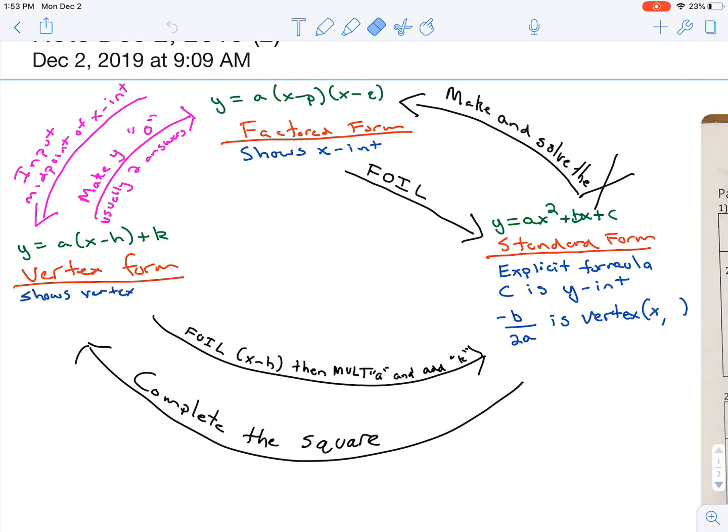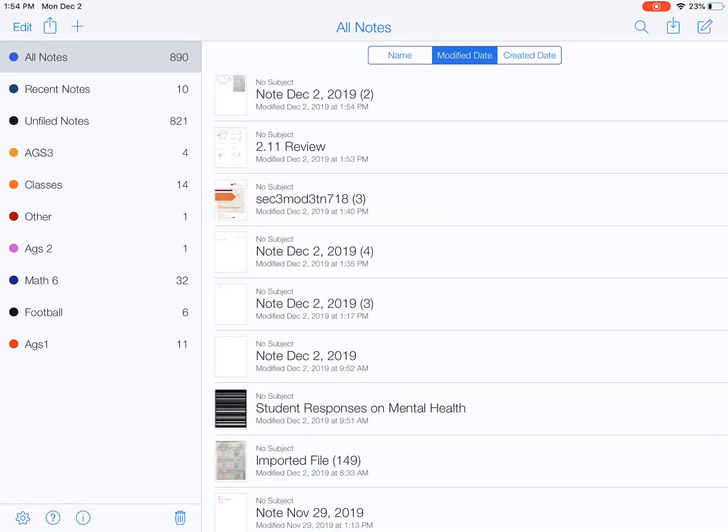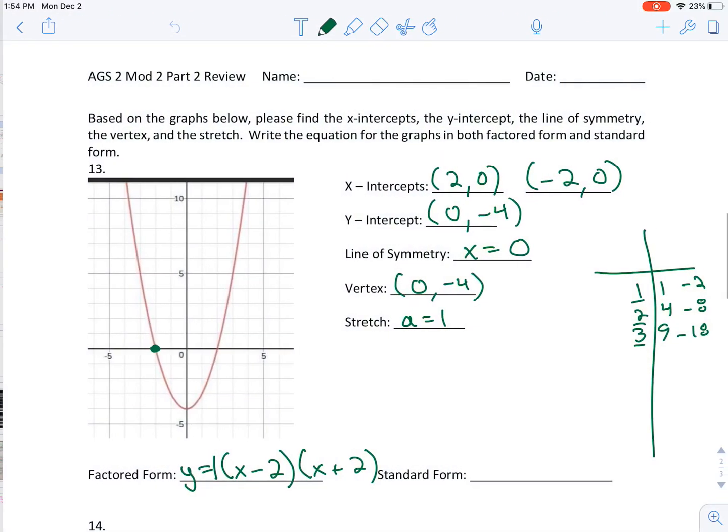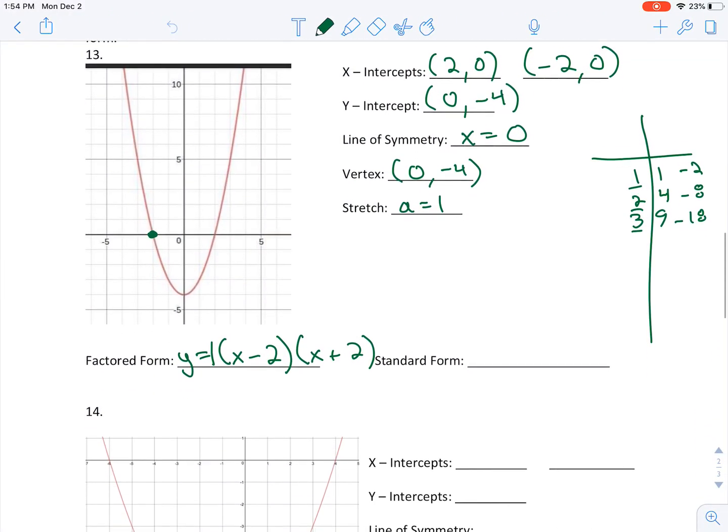So here's factored form there at the top, and we want to take it to standard form. That means you have to follow this arrow right here. How do we get from factored form to standard form? It says FOIL. So I have to FOIL what we just did.